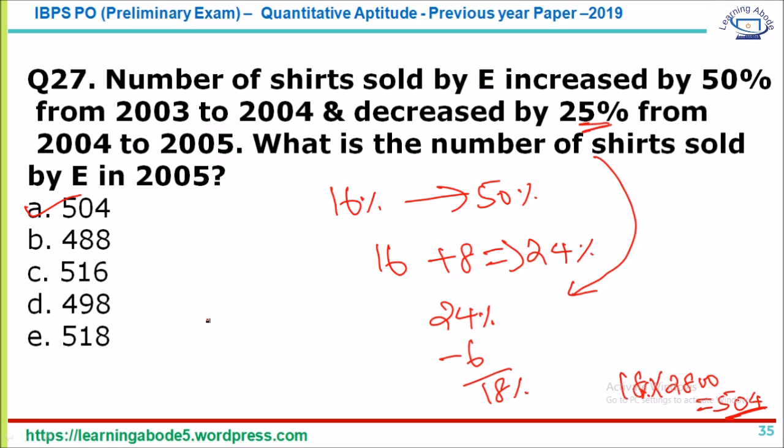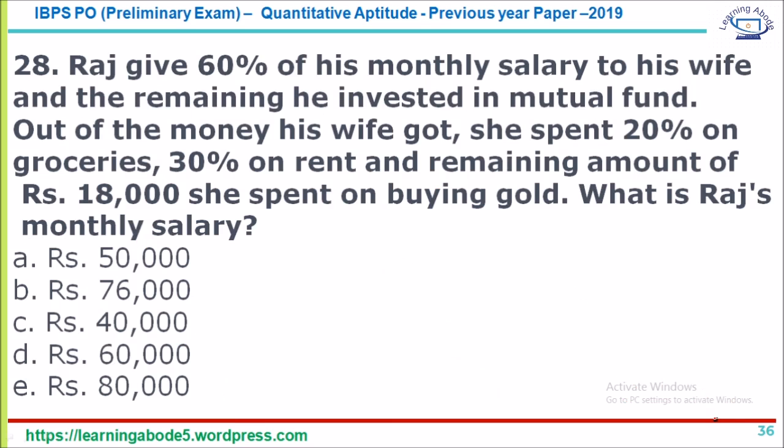I'll just keep 16 as a number rather than as a percentage. So 16, a 50% increase on that, so half increase, 8 increase, 24. Now a 25% decrease on that, so less 6. So that's 18. That's how we get that 18. So 18 into 2800, that's 504. That's the answer for question number 27.